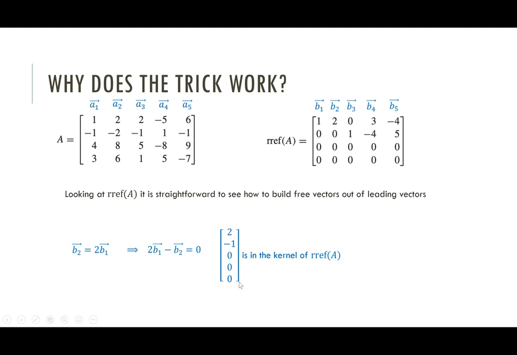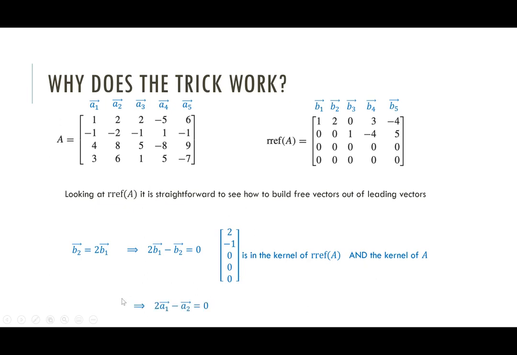You'll see this is in the kernel of the reduced row echelon form of A. And the key is that it is also in the kernel of A. The reason we know this is that the whole point of finding reduced row echelon forms of a matrix is that the process doesn't change what your solutions are. This relationship tells you that this is in the kernel of reduced row echelon form of A and in the kernel of A. But if this is in the kernel of A, then multiply this by the matrix A.